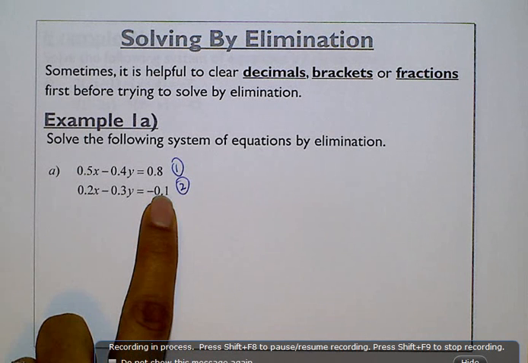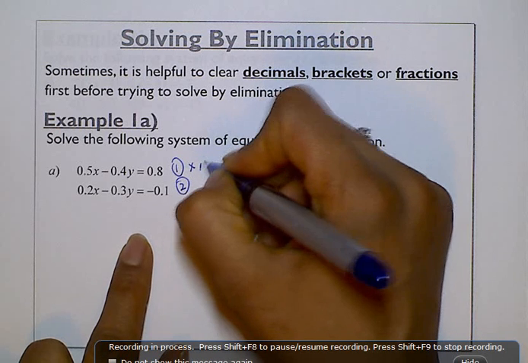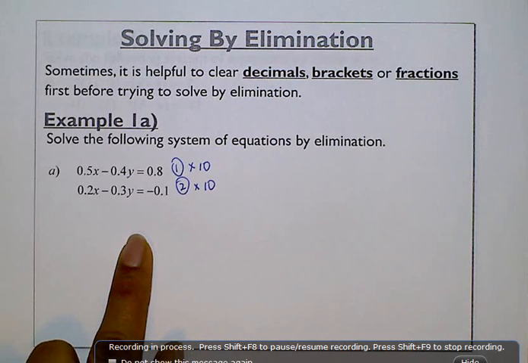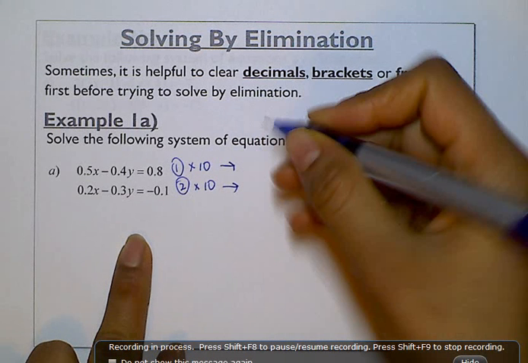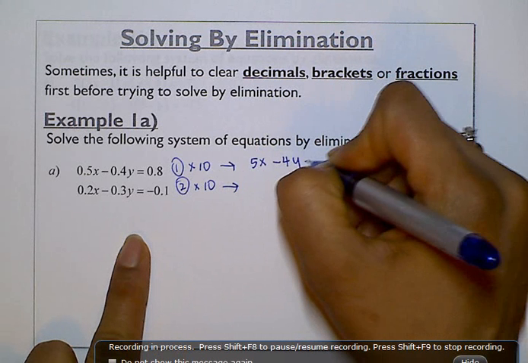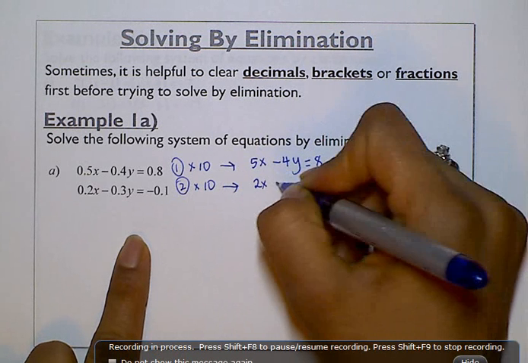So I'm going to take my first equation, multiply it by 10, and take my second equation, multiply that by 10 also. When you do that, your new equations are 5x minus 4y equals 8, and 2x minus 3y equals negative 1.